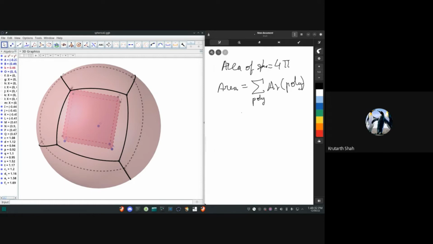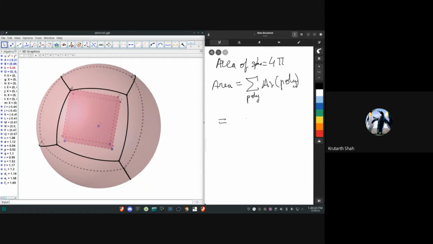Okay, anyway, so the area of the sphere is the summation over all polygons of the area of the polygons. And from what we know before, it is nothing but summation over all polygons. The polygons are nothing but the projections of the faces of a cube onto the sphere, right?